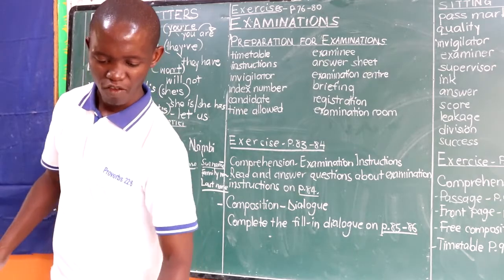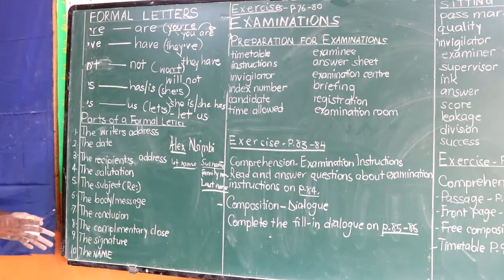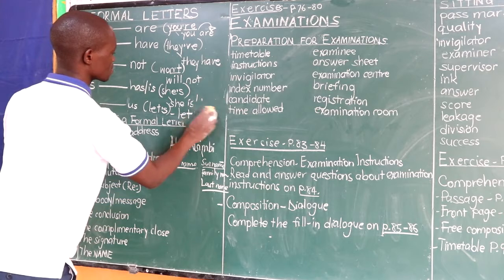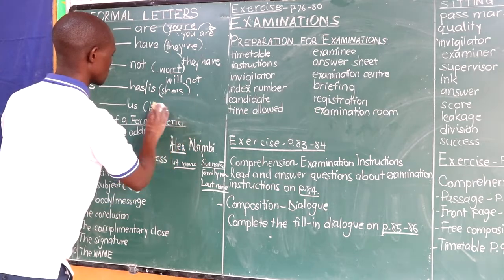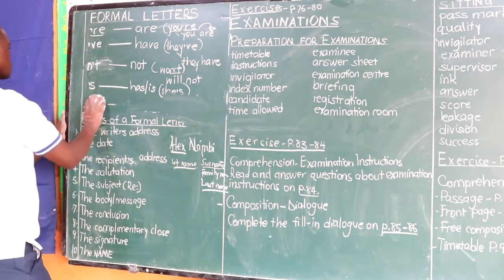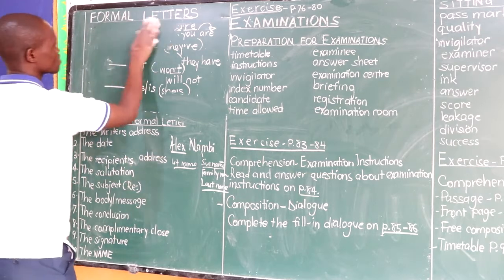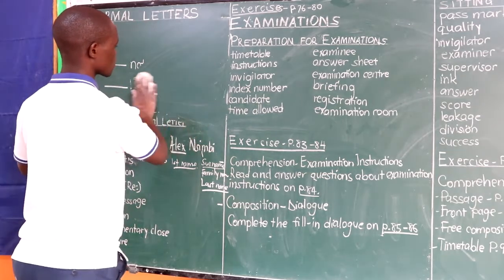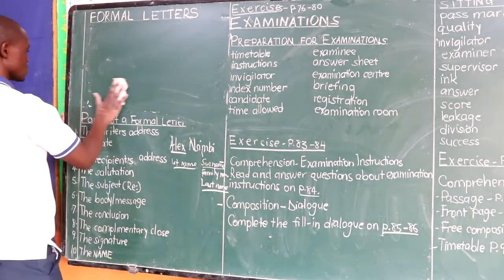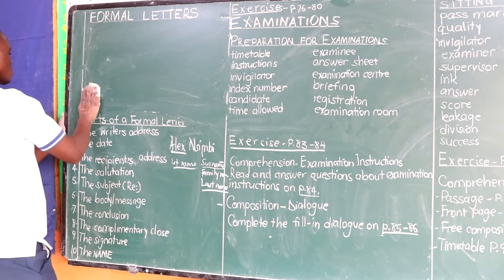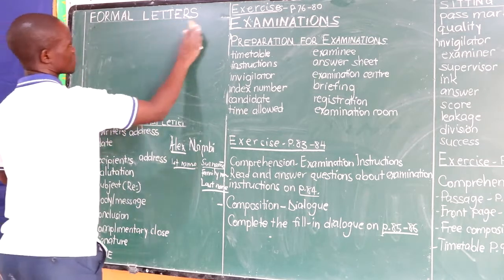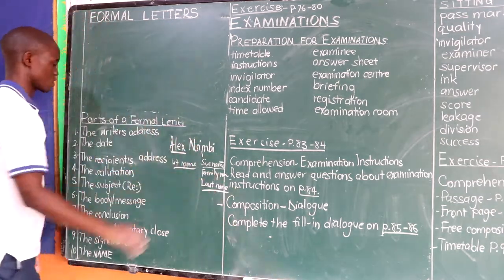Now writing formal letters. Success as you try out that activity. Writing formal letters. In writing formal letters, there are specific ideas we need to be using to get our letters written perfectly.